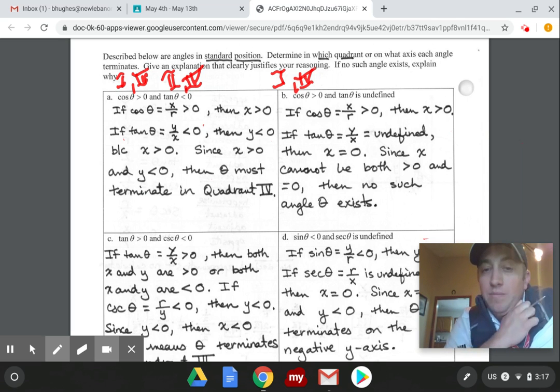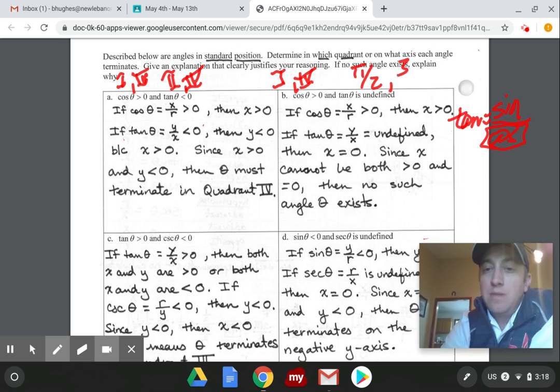So tangent is sine over cosine. So I need to think, where would I have cosine equaling 0? Cosine would equal 0, that's the x value, at pi over 2 and 3 pi over 2. So tangent's undefined at pi over 2 and 3 pi over 2.